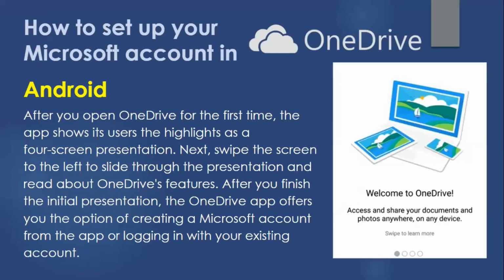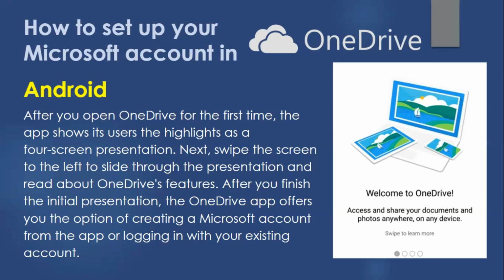We are going to move to OneDrive and how to set up your Microsoft account with an Android device. It can be your smartphone or a tablet. After you open OneDrive for the first time, once you have completed the download of this application, the app shows the user the highlights in a 4-screen presentation.